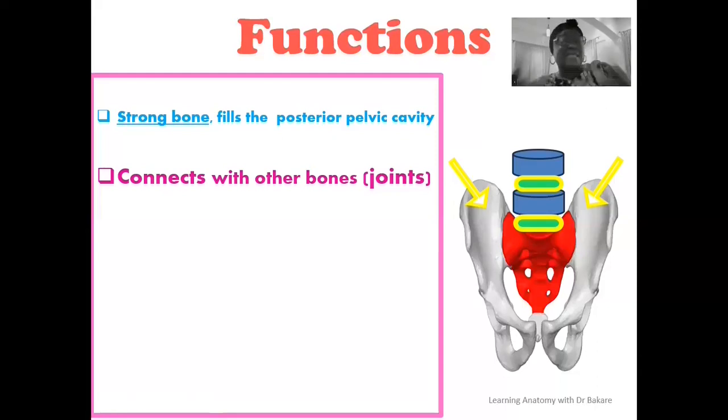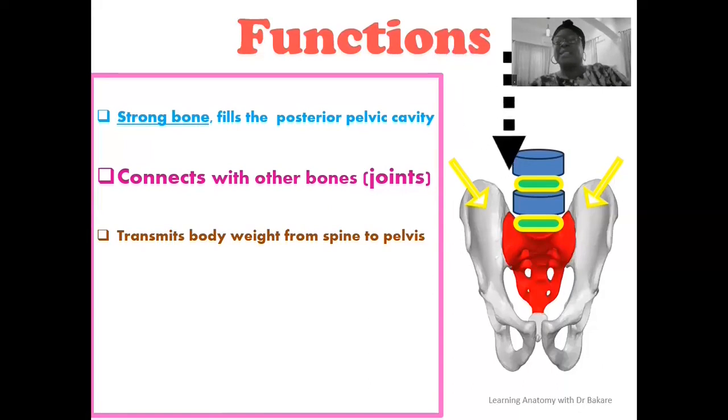You can see that the sacrum connects with its neighboring bones through joints, and this is what we have tried to highlight. Because of this, it is able to transmit the weight of the upper part of the body to the pelvic cavity. So this is where we have the arrow pointing here, directing the weight from the upper part of the body, and you see it releasing it into the pelvic bone.